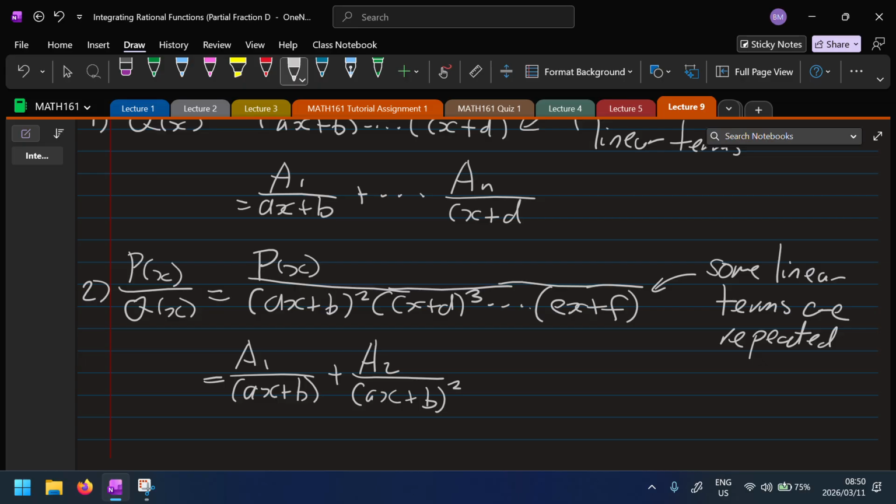It's going to be B1 over CX plus D, then B2 over CX plus D squared. Very simple rule to follow. And you can guess the next one. It will be B3 over CX plus D cubed. So it's repeated 3 times, and so we have 3 terms to go with it.